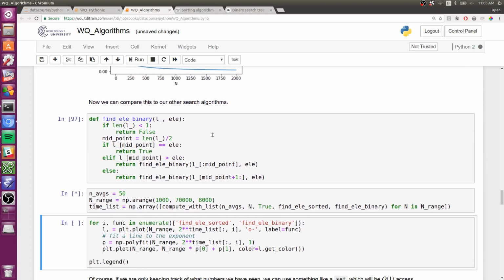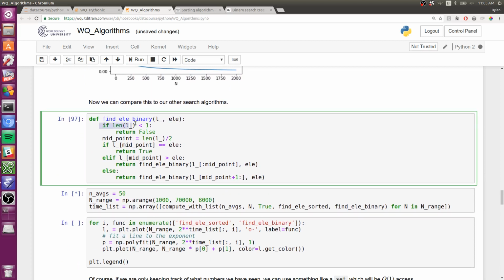So once again, here's an implementation of that algorithm. If ever we have an empty list, we haven't found what we're looking for, so we return false. Otherwise, we compute the midpoint. If the midpoint is the element we're looking for, then we are done.